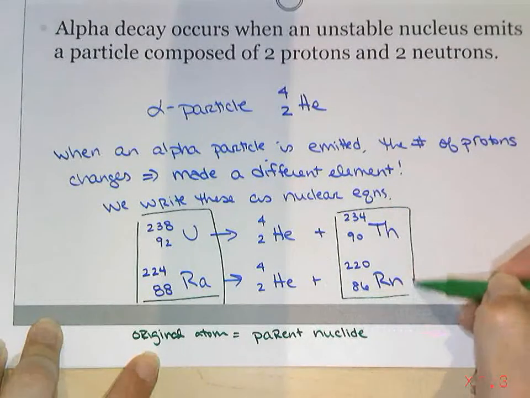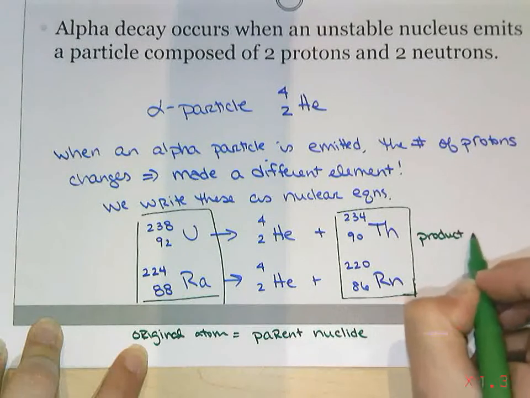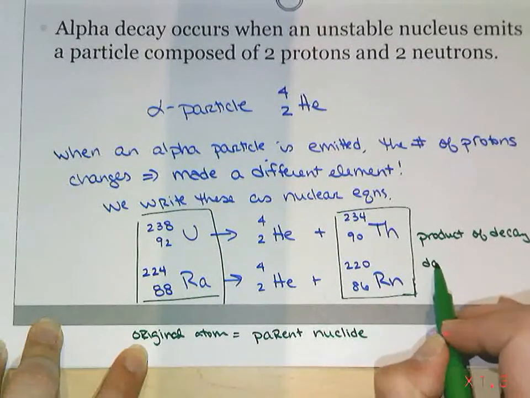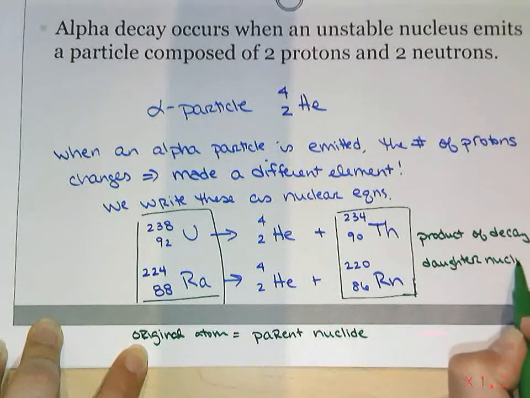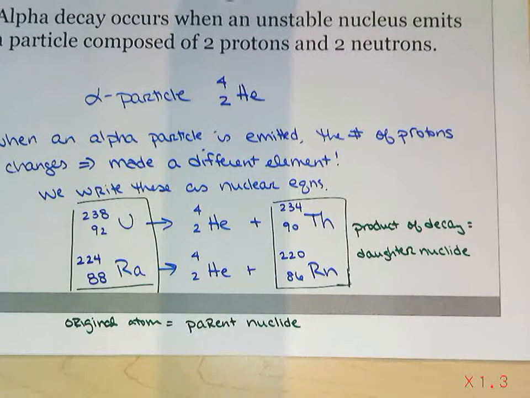But the product of decay is called the daughter. Don't read too much into that. So the parent is the atom that we start off with.